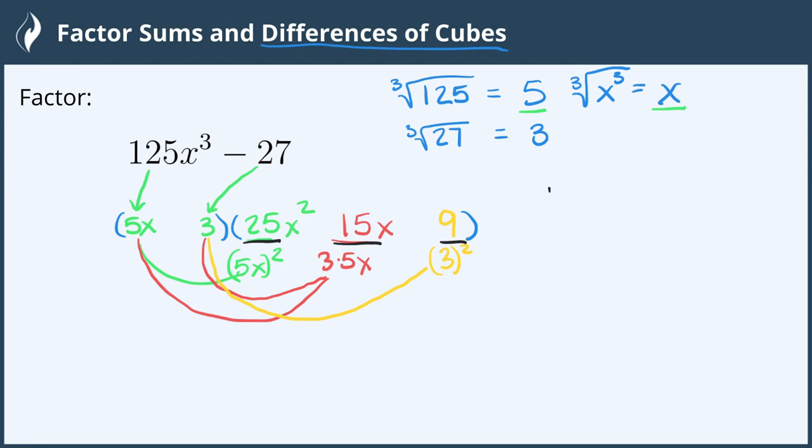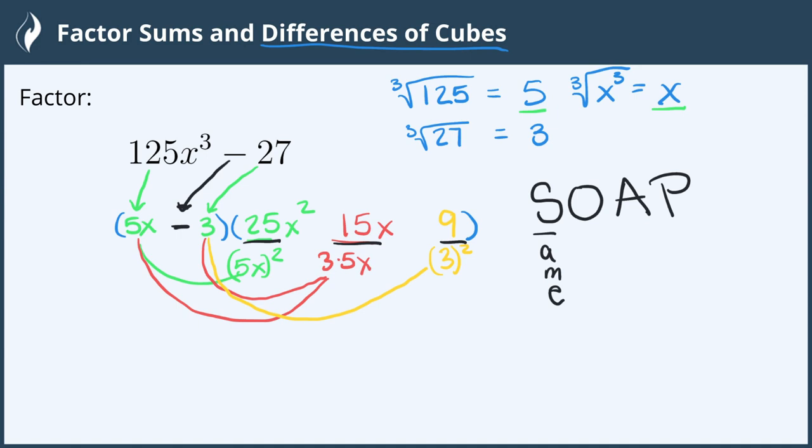And then we follow the SOAP pattern for the signs that go in between. The S stands for the same. That means that the sign in the middle of the binomial is the same as the sign from either the sum or the difference. In this case, it's a difference, so that same sign will be a subtraction sign.